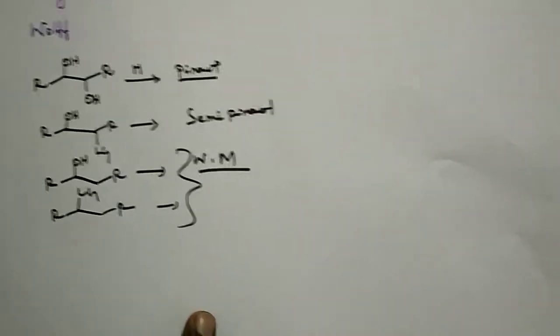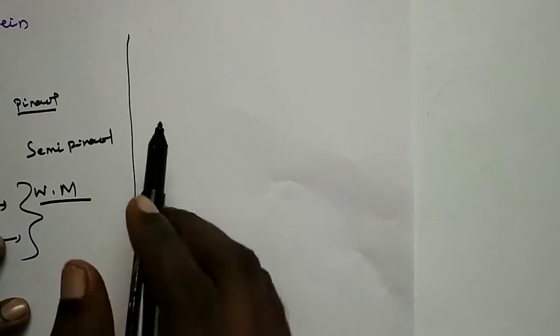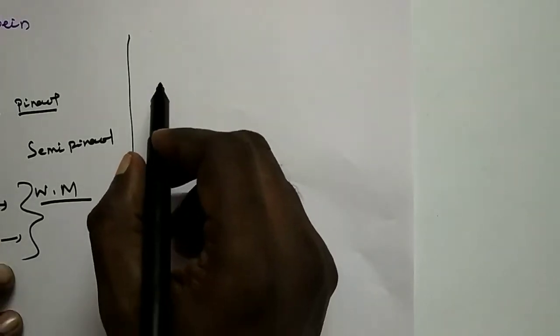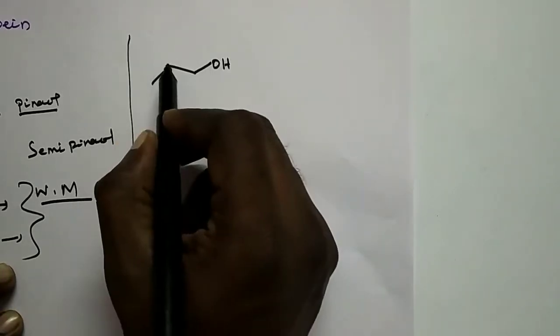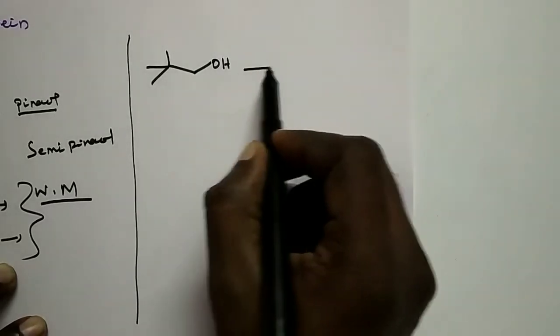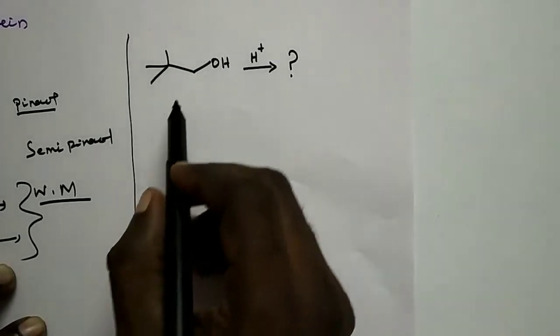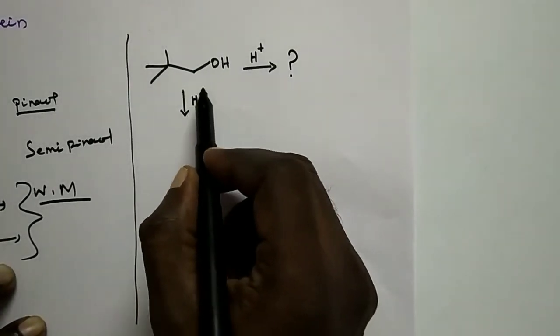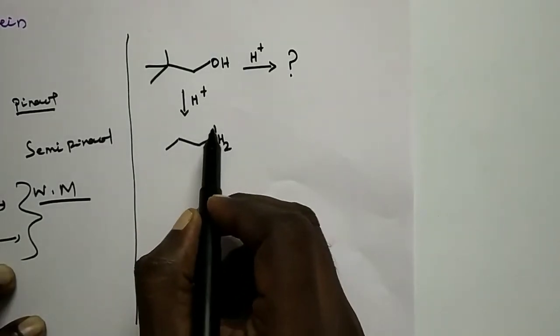Okay, now let us see the Wagner-Meerwein reaction. See, for example, let us take neopentyl alcohol. If I treat with H plus, what will I get? The mechanism is, if I treat with H plus, I will be getting OH2 plus.